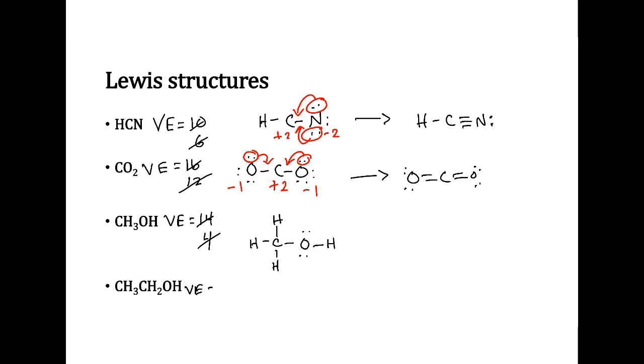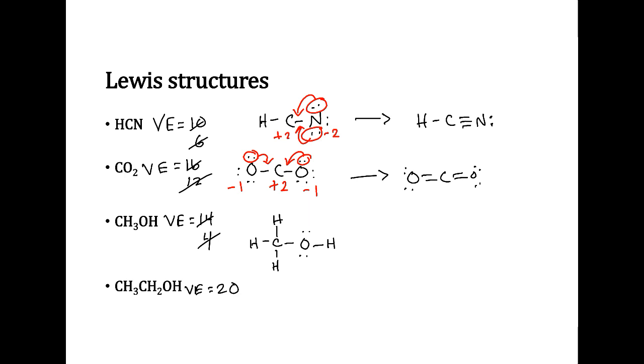Let's go to our next example, ethanol. We have CH3CH2OH. So we have 2 carbons, each with 4, so that's a total of 8. Plus we have a total of 6 hydrogens, each with 1, so that's 14, plus the oxygen is a total of 20 valence electrons.